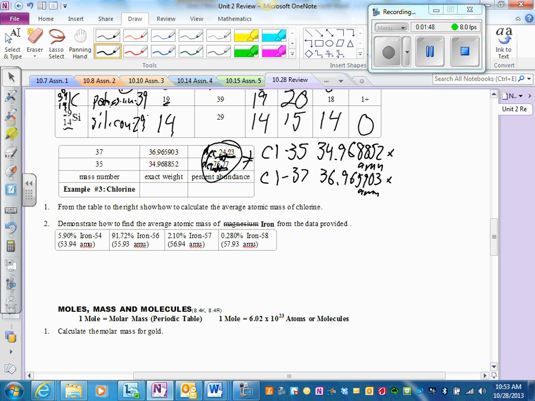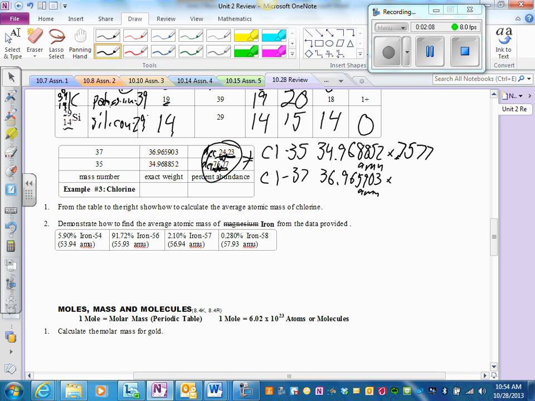So let's go ahead and do that. We have to multiply. First, let's do chlorine 35. We're given a 75.77% abundance, so we turn that into a decimal as 0.7577.